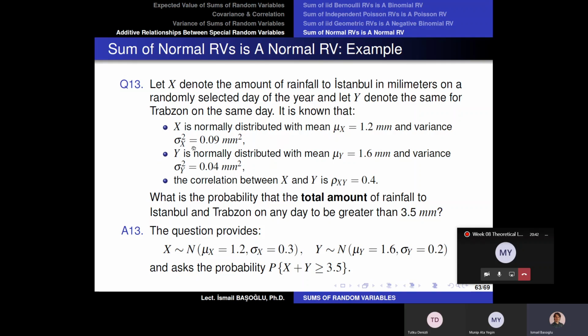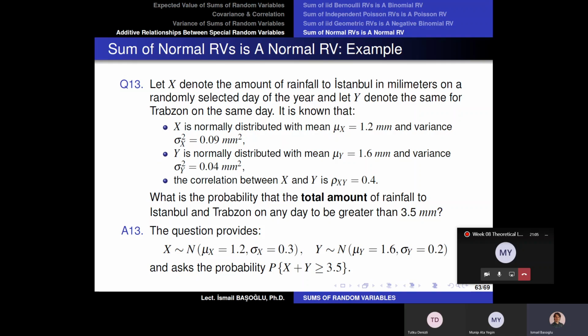However, the variance of the rain in Istanbul is a lot larger than the variance observed in Trabzon, because it's a common thing that we observe rain in Trabzon. Okay, therefore, there is not much variance in the situation. But in Istanbul, as we can see days with no rain, we can also see very heavy rainy days.